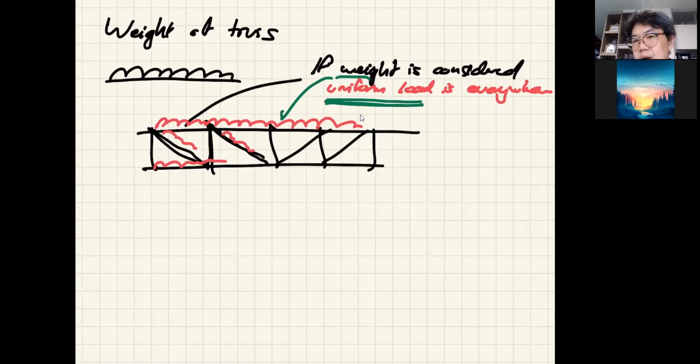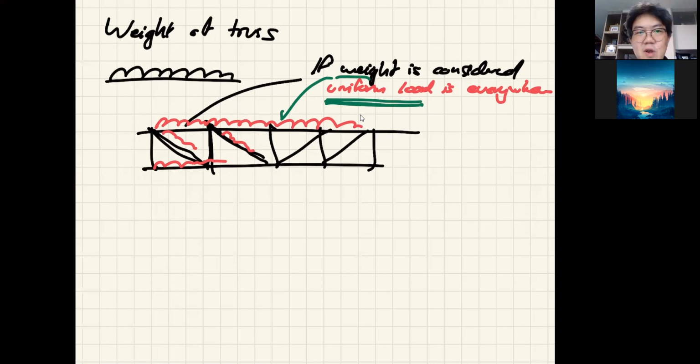I remember that the computer programs I used had options where you can turn on or turn off the weight option. If you turn it off, the weight of the truss is not included, and you will get the typical results, just like what Kevin Pope just shared. It's just axial force, no bending moment.